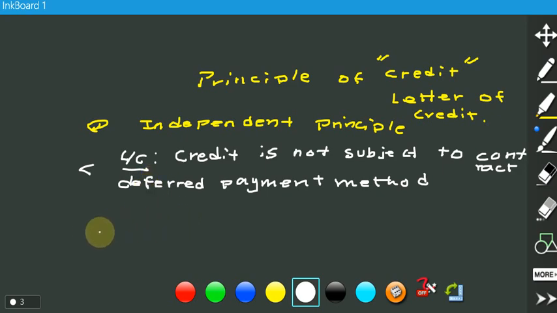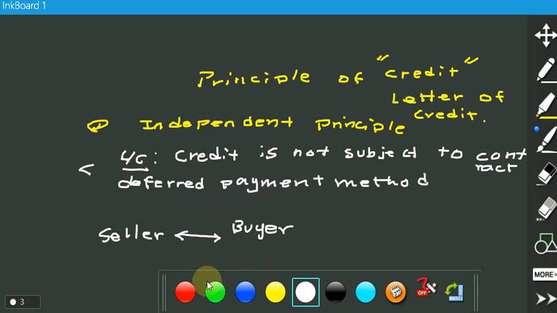We have a trade contract between a seller and a buyer here.